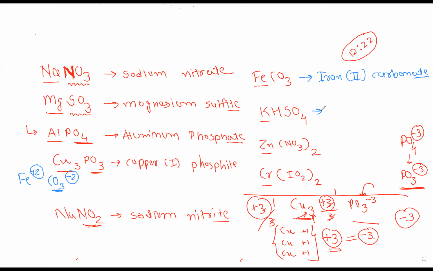KHSO4. What should we name this? Potassium hydrogen sulfate? Potassium bisulfate. Okay, you can call it bisulfate. However, of course, you can ask your lecturer or professor how they want you to call it.